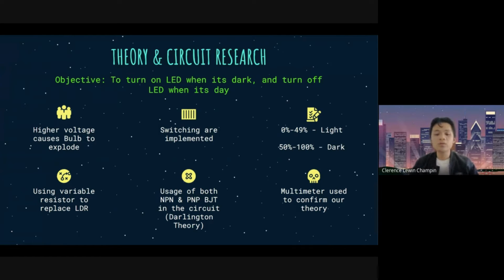The fourth, we use both NPN and PNP BJTs together, which forms the Darlington theory, and we will explain more in the circuit explanation. Next, for the light and dark implementation of the variable resistor, 0 to 49% represents light and 50% to 100% represents dark. And last, we use a multimeter to confirm our own theory.